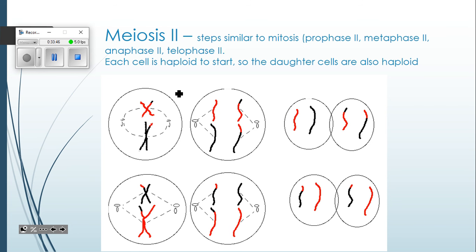So other than the fact that the cell is haploid, it looks exactly like mitosis. Nothing is different. In this little set of pictures, you'll notice that the first circle, which I'm going to attempt to draw here, is conspicuously absent. That's where prophase would go. And you might remember I said the cell likes to skip a step if it can. Prophase would look the same as it does in mitosis, except that some cells skip over it, because you'll remember in prophase, the nuclear membrane decomposes and chromosomes condense.